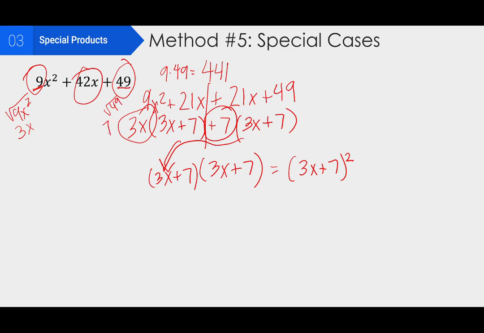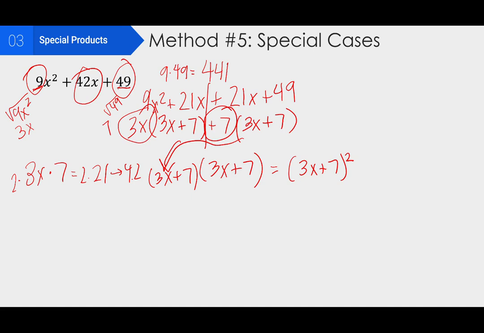So we get nice whole numbers for our coefficients when we take the square root of the first and last term. That's not true of the middle term, but what happens if we multiply those square roots, 3x times 7, we get 21. If we then multiply that by 2, we get 42, which is the middle term.